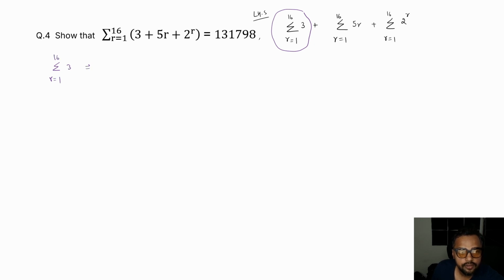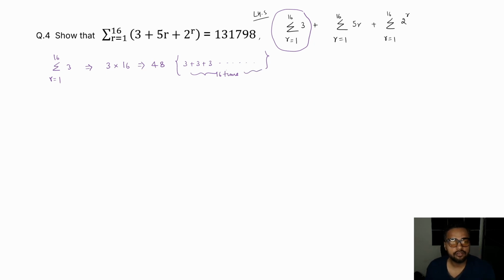It means this 3 will be repeating 16 times. So we can write it as 3 cross 16, that is equal to 48. For your explanation, 3 plus 3 plus 3 dot dot dot will go till 16 times. That is why I have written this.